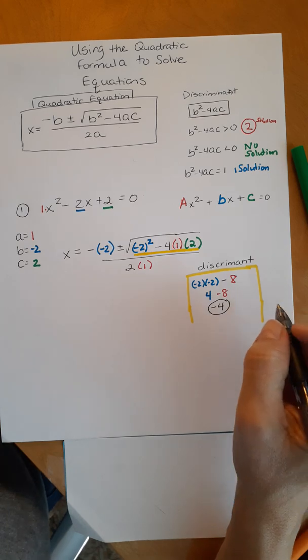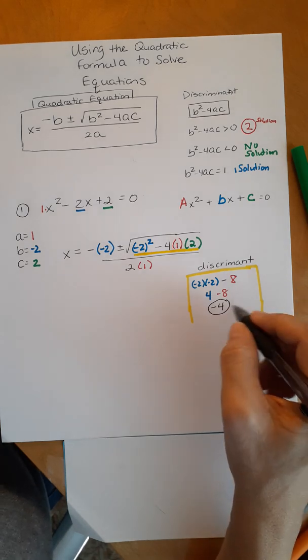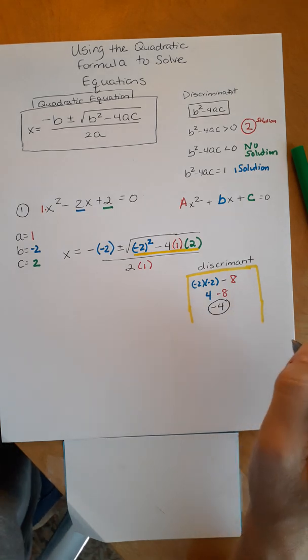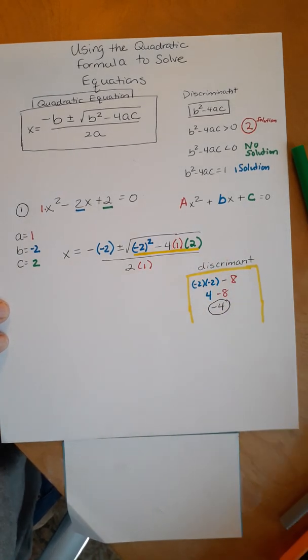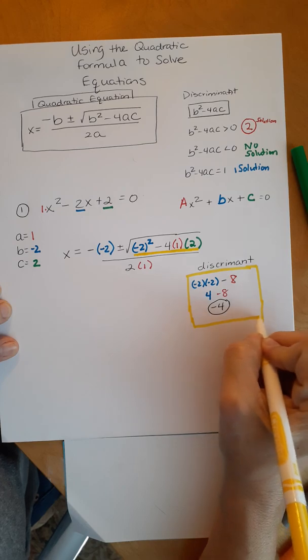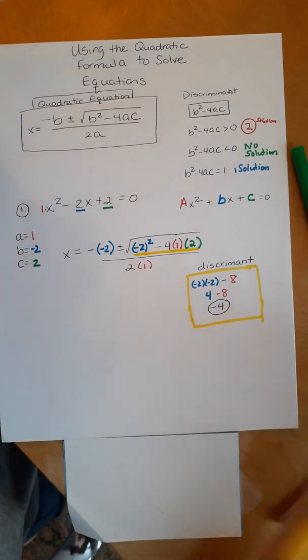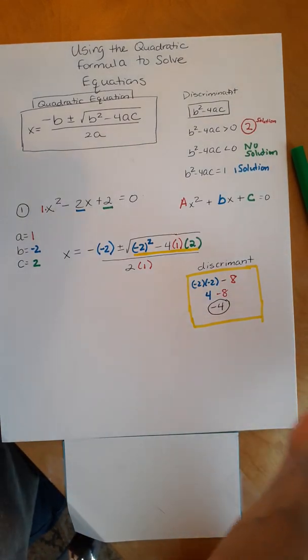Okay? Very good. So that is a -4. Whenever the discriminant, here's the rule for the discriminant. This is why we try to figure it out first, and you have to be really careful with this kind of stuff.